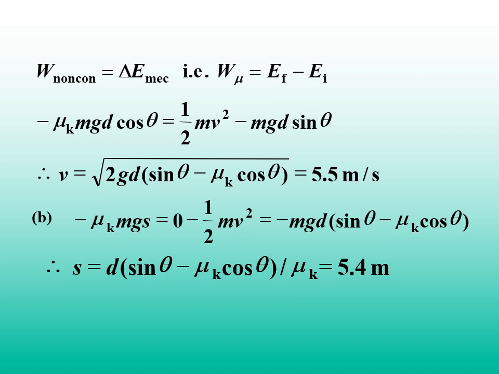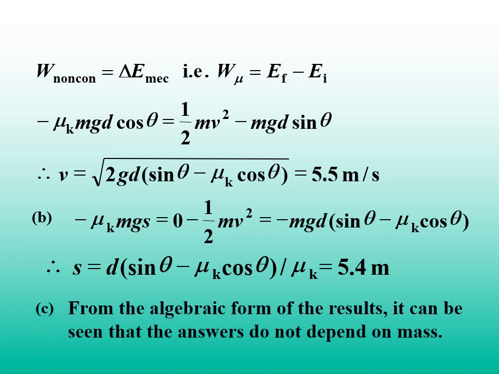The final velocity is 0. Solve this equation. We know the crate slides across the floor a distance of 5.4 meters. From the algebraic form of the results, it can be seen that the answers do not change with mass.